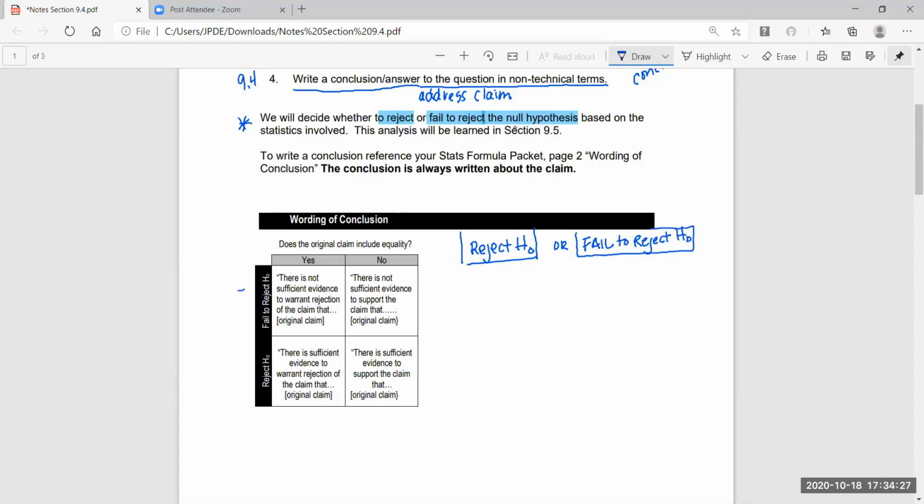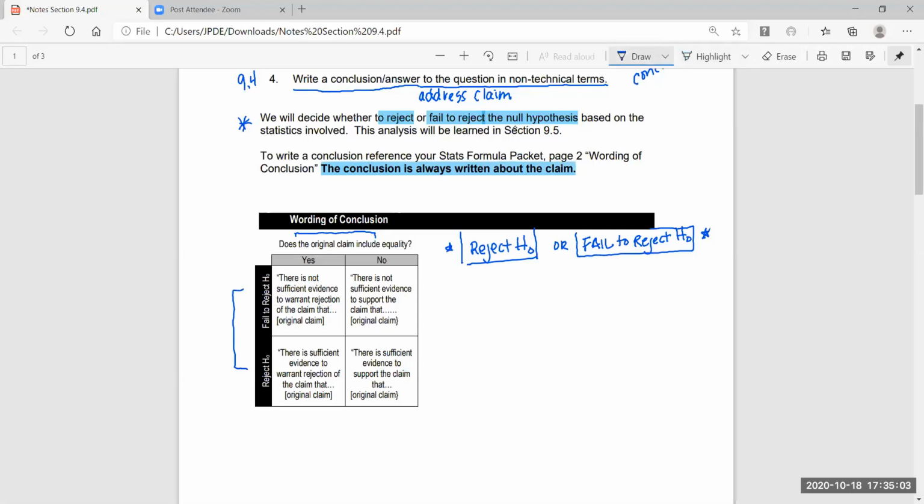And you'll notice reject and fail to reject are over on the side here of this table. The other thing you'll see on the table along the top of the columns, it says, does the original claim include equality? So you're going to reject or fail to reject your null hypothesis, but you're going to write your conclusion about the claim.